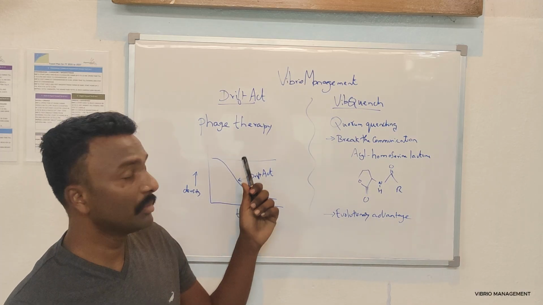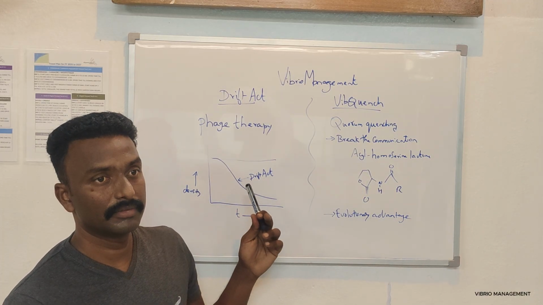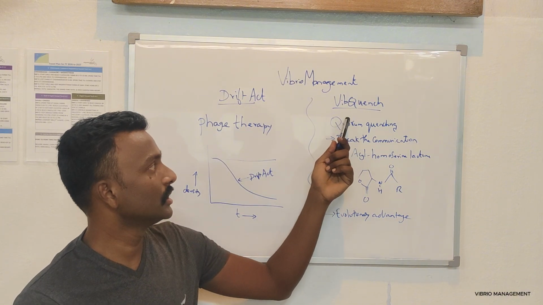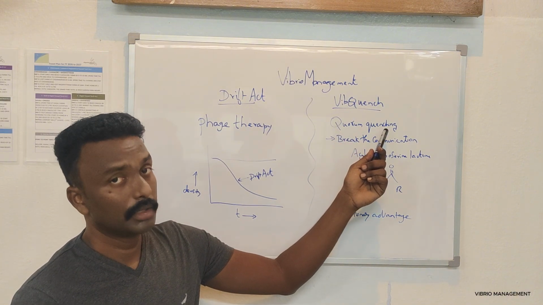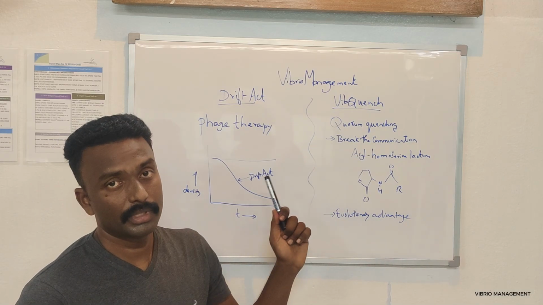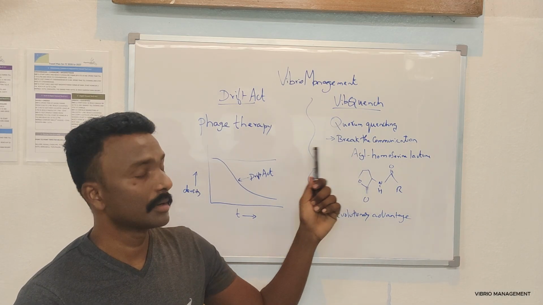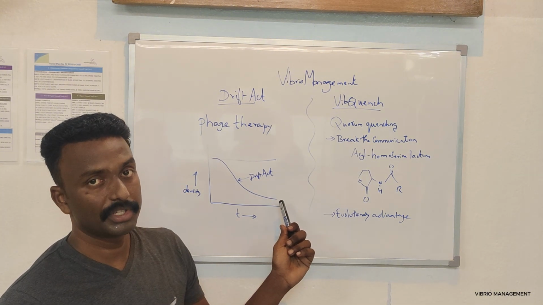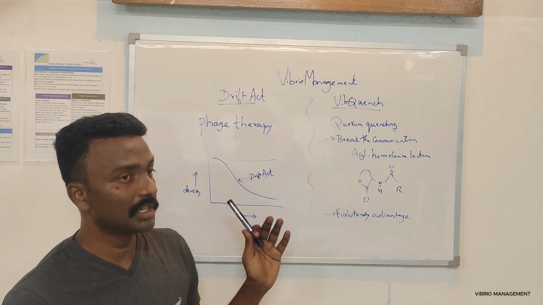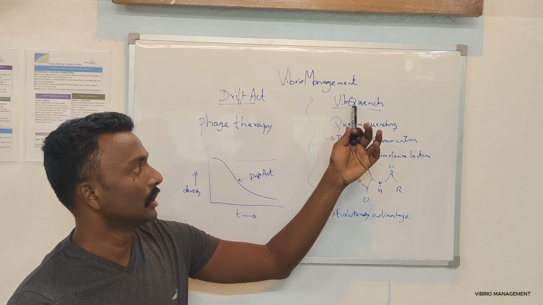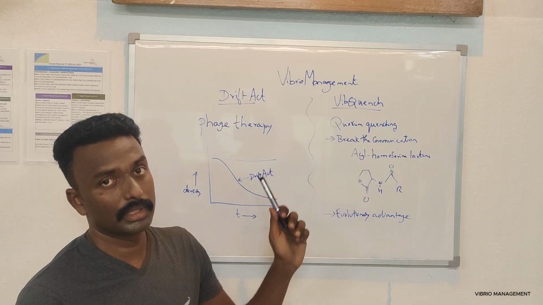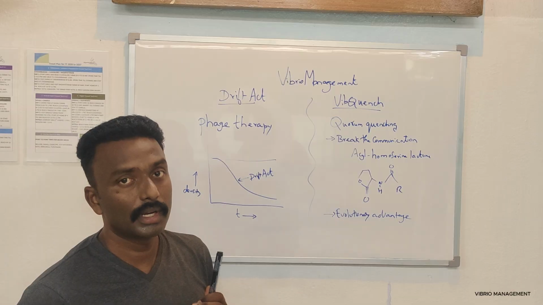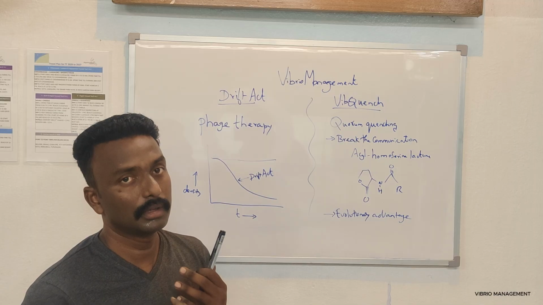The moment we add DriftAct and reduce the pathogenic Vibrio, we immediately add a brood of VibQuench, which does two things. It competes for space and food resources with the residual Vibrio population, so that the domination is now achieved by the introduced bacterial population in VibQuench. That's what we call microbial ecosystem control.